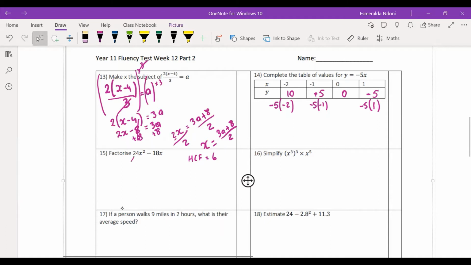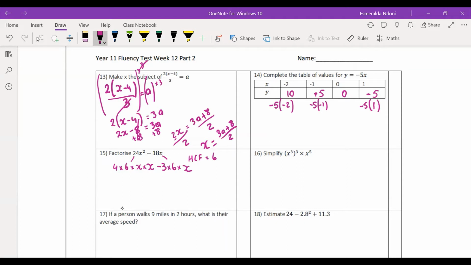So I rewrite the 24x squared as 4 times 6 times x times x. And the 18x will be written as negative 3 times 6, because that gives me negative 18, and I have the times the x.